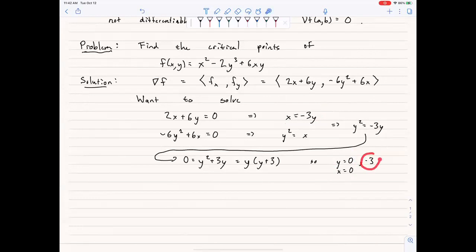While y equaling -3 implies that x equals 9. So indeed, what we're finding here are critical points on the plane. So we have two coordinates here, (0, 0) and (9, -3), which are the critical points.